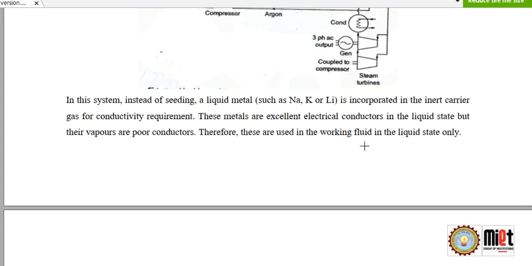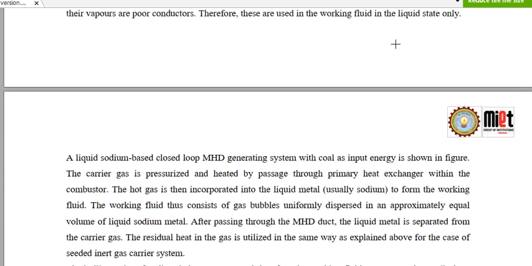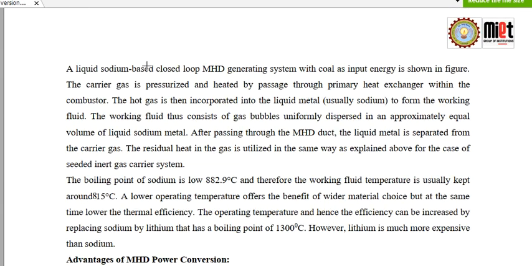These metals are excellent electrical conductors in the liquid state. They are used in the liquid state because their vapors are not as good conductors as the liquid ones, so they are used in liquid states only.